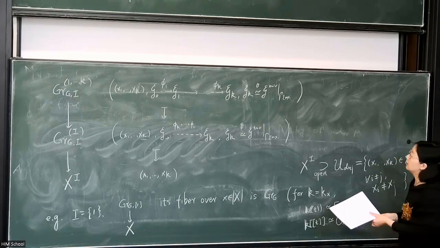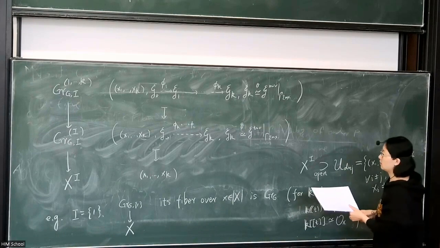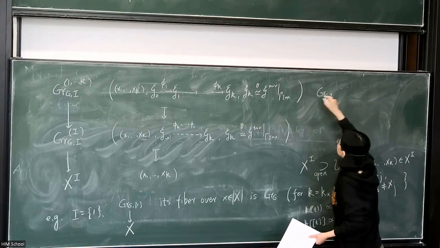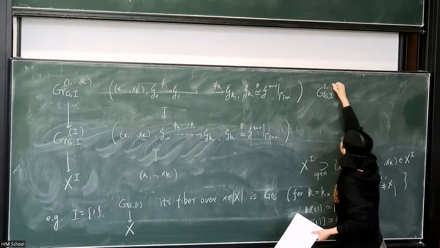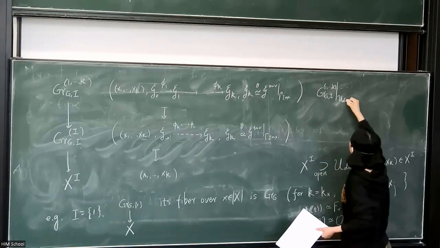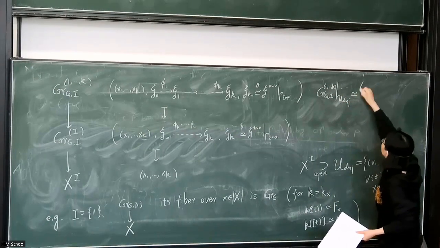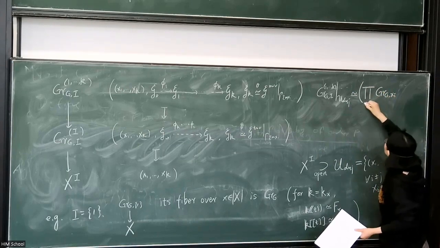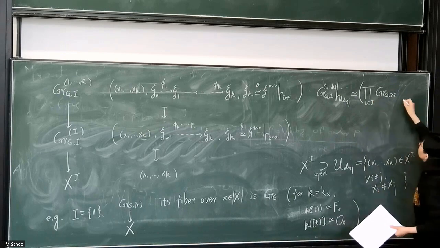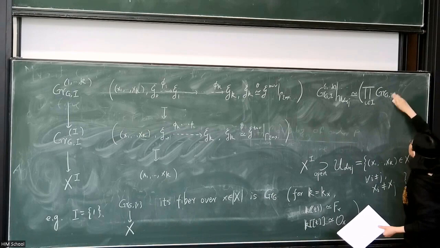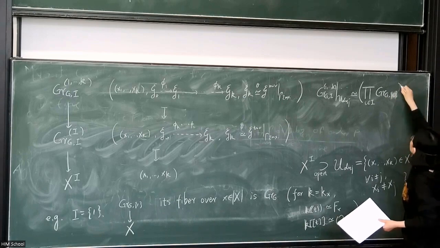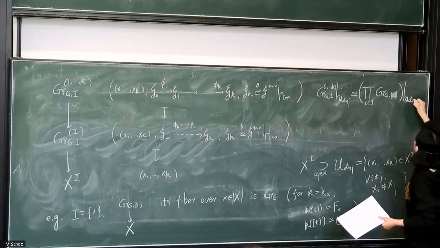And over this, it's isomorphic to the product of this.